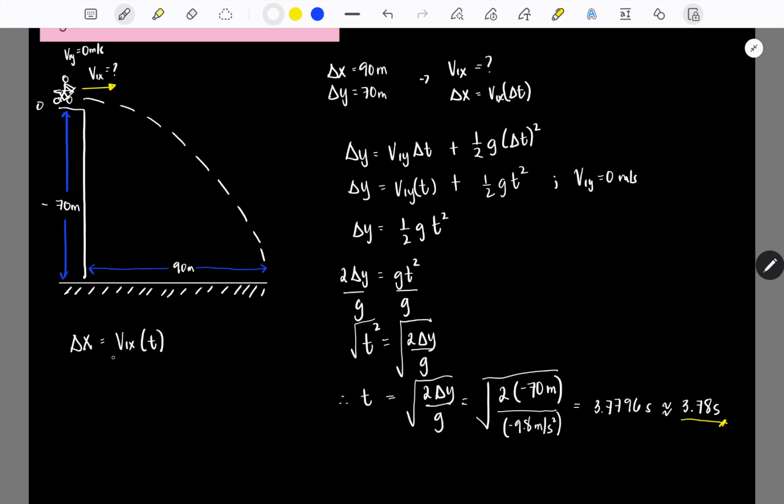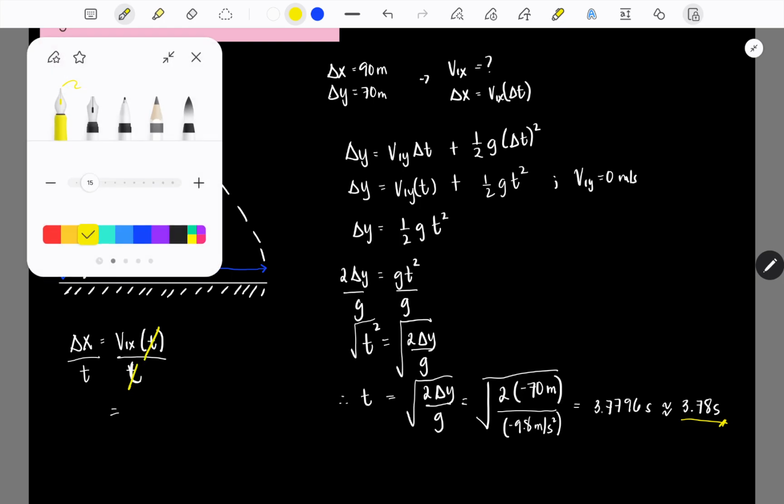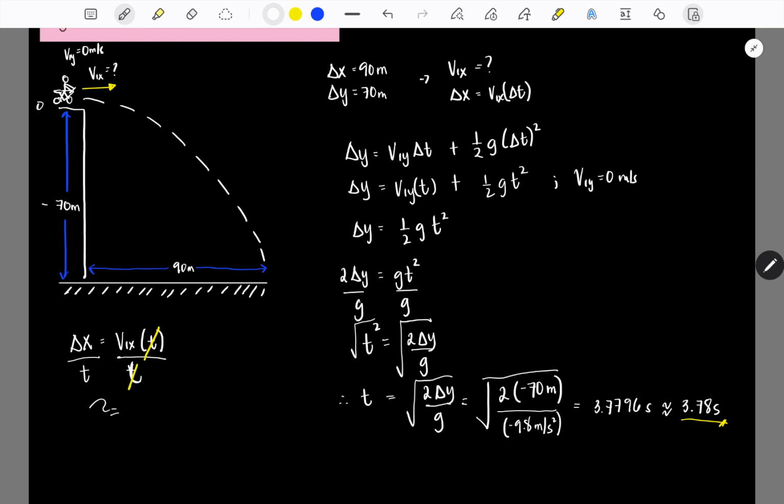You need to isolate t, so you will divide the equation by t, and you will cancel t. Your final Vix equation is delta x over t, and you just have to input the values.